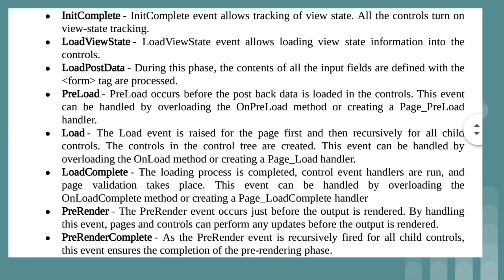The controls in the control tree are also created in this stage, okay. This event can be handled by overloading the onload method or creating a page load handler. There are different handlers, so just remember the name and the respective method related to each and every event.